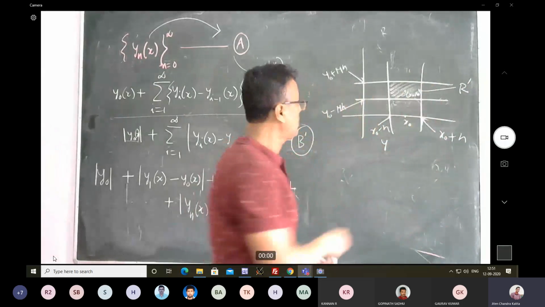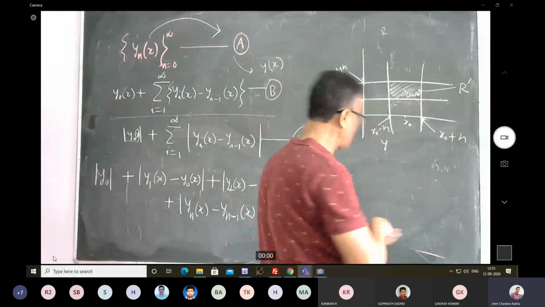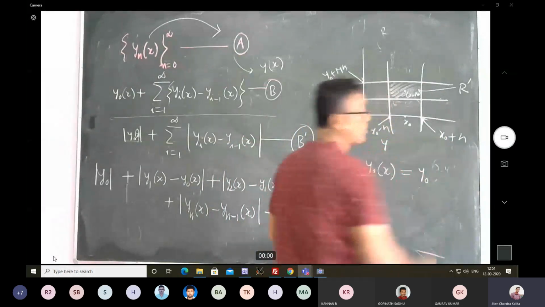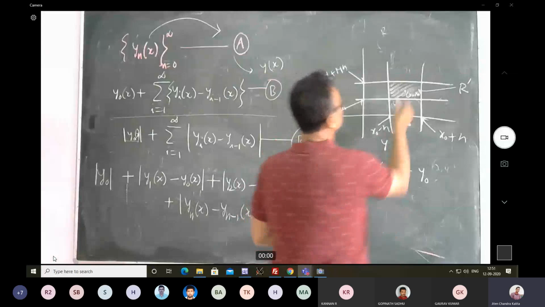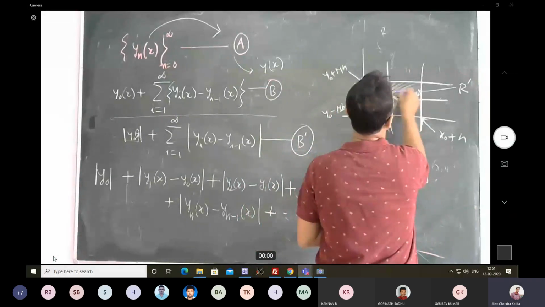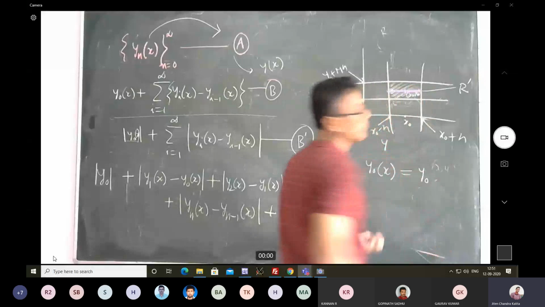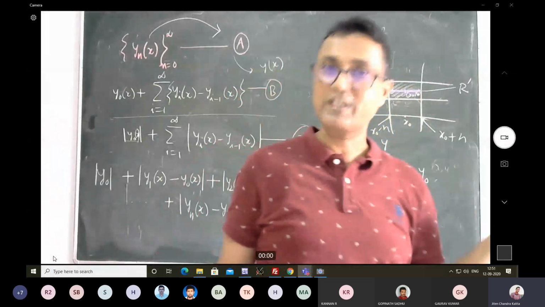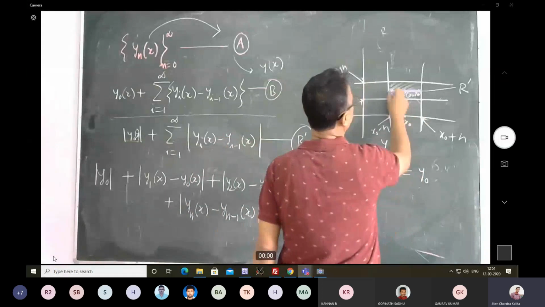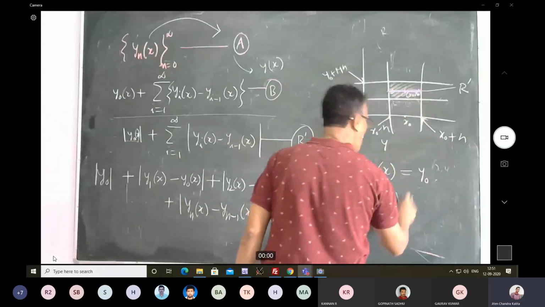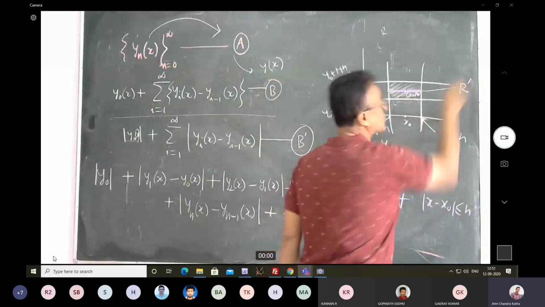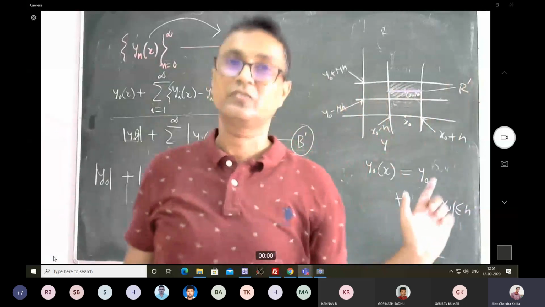Obviously, the very first function in the sequence is given by y naught, so this is going to be my curve, which is nothing but a horizontal straight line. And I surely know that all the values of y naught for all x lying in this interval definitely belong to R prime. Clear?